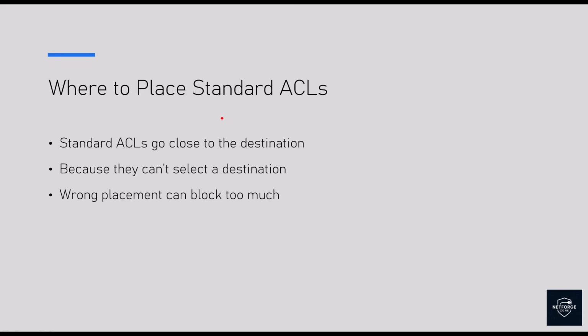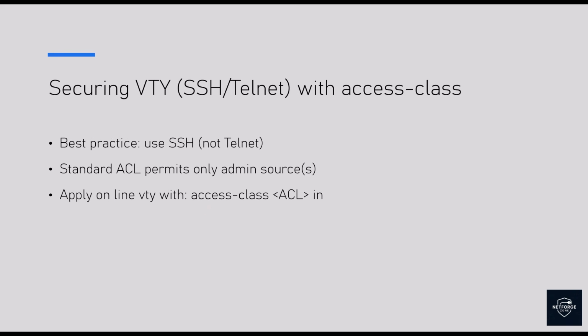But again, this is just a tip for you if you have to use a standard access list, because like I said, extended is going to be more featureful and give you more resilience. But if you have to, then be careful about the placement of your access list.